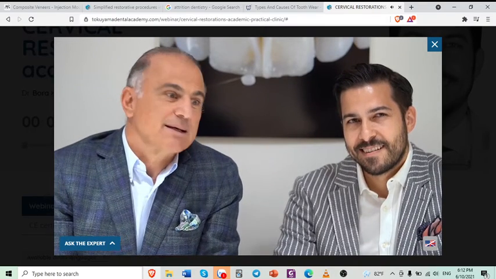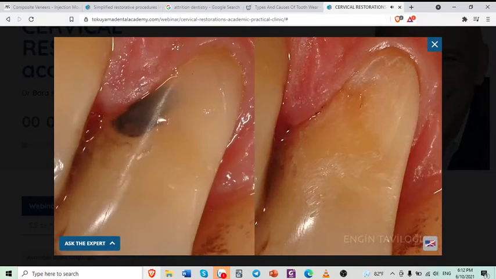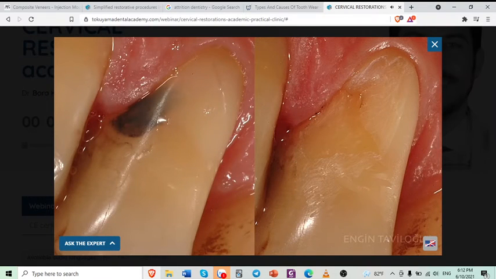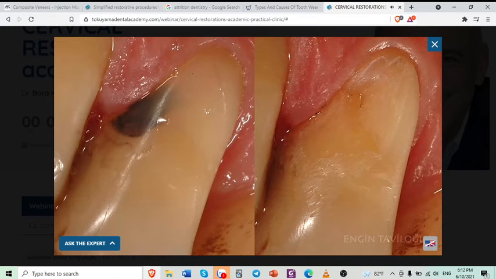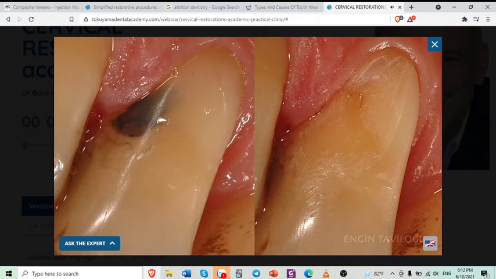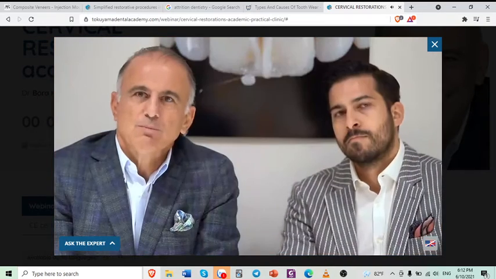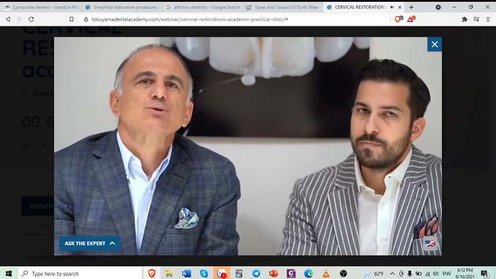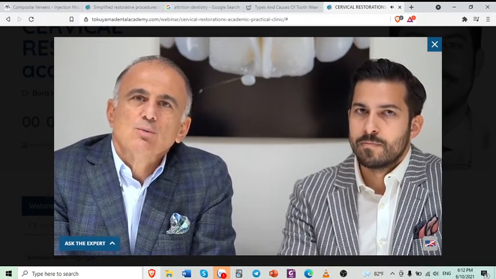But we would like patients to come, and I saw this problem during a follow-up, and the patient didn't know about this situation. I had done the restoration of the neck to this patient, and then I saw this dark color due to the blood or inside the tooth. But of course, dark colors are due to many factors.